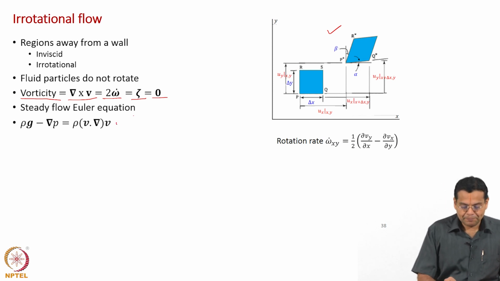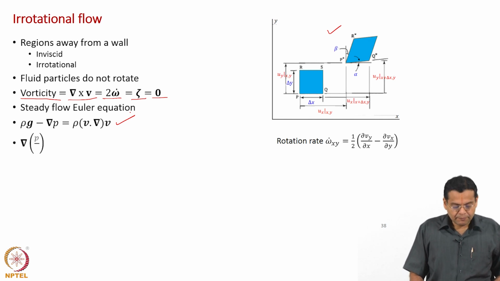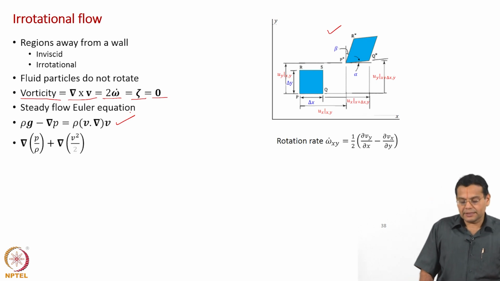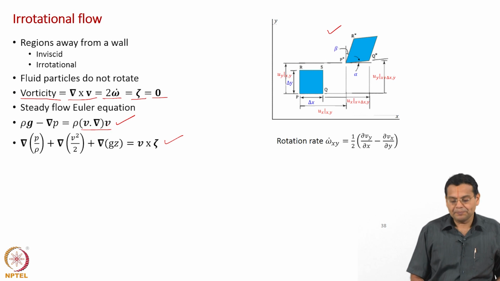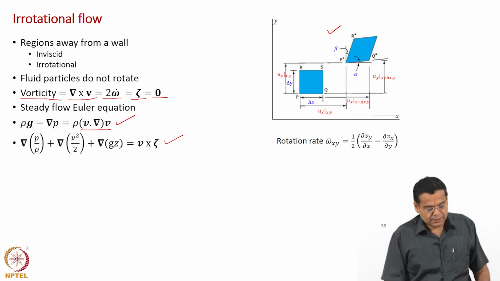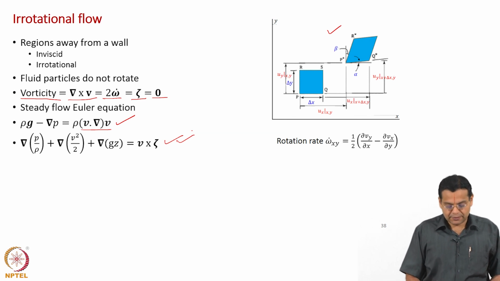So, this is the steady state Euler equation, and then we used a vector identity for this term and obtained this form of the equation, and of course expressed gravity in terms of a gradient, etc. We also divided by rho, which means the assumption of incompressible flow carries over here as well. So, till this stage whatever we derived earlier applies here as well.